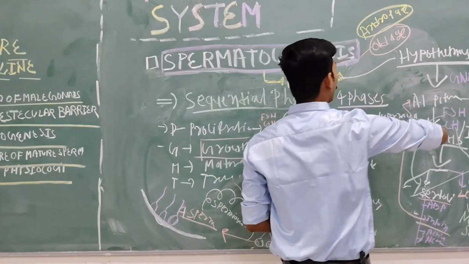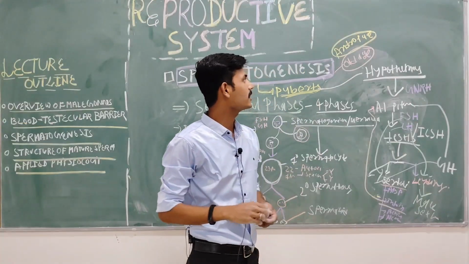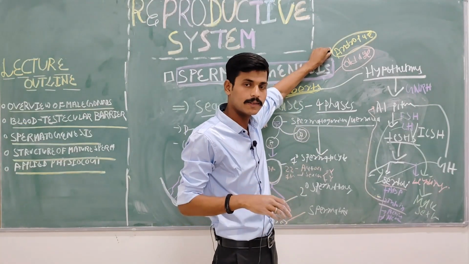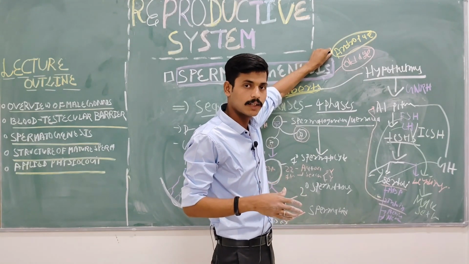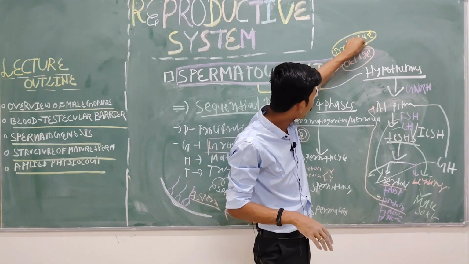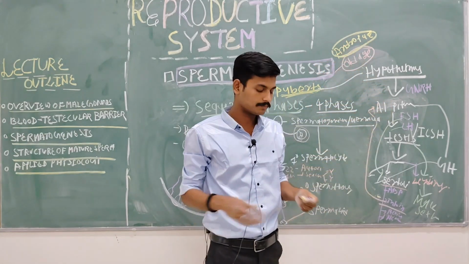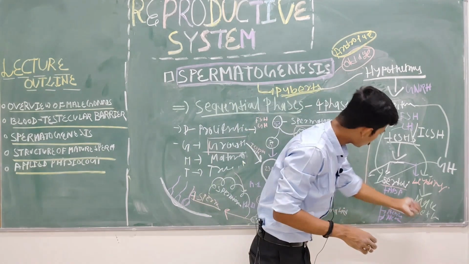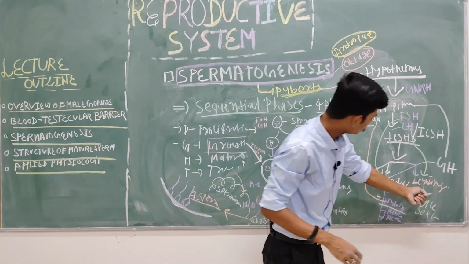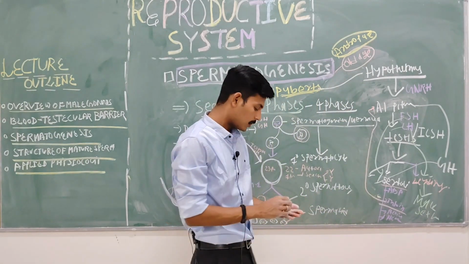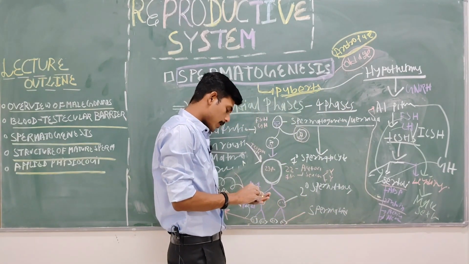Actually, this andropause is not universal in all males. In old age, some are able to maintain their health and are able to produce the hormones from the Leydig cells, the male sex hormone, testosterone or androgen.